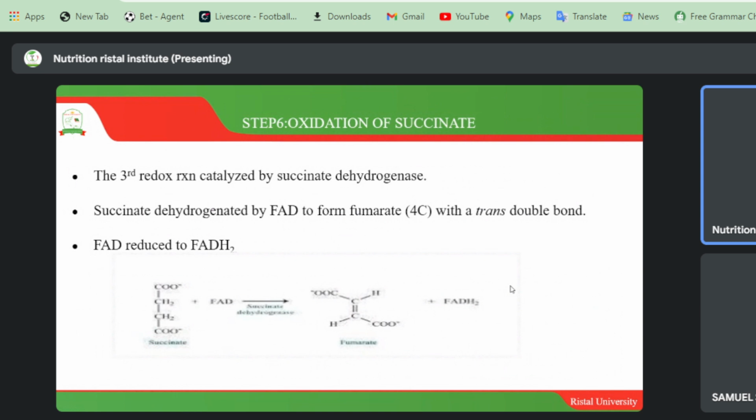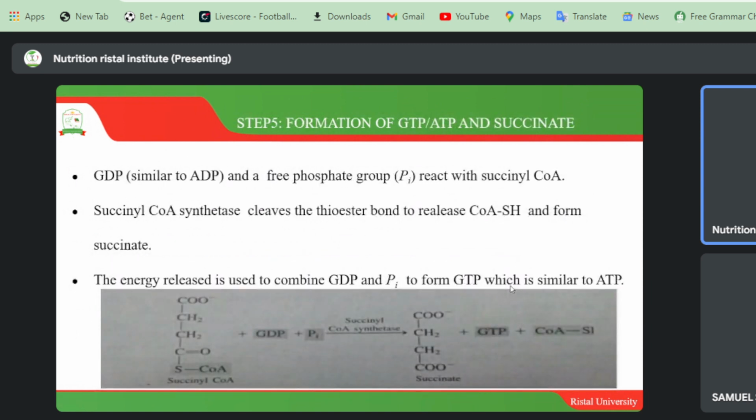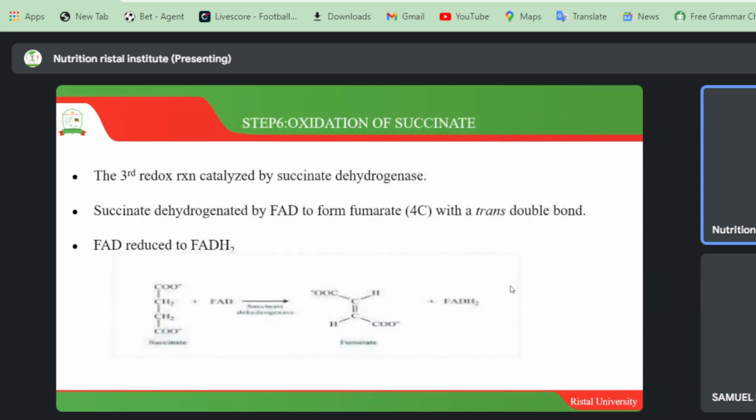So you just have to understand here that we are going from succinate, which is a 4-carbon, to fumarate. There is a removal of hydrogen here, the protons and electrons.